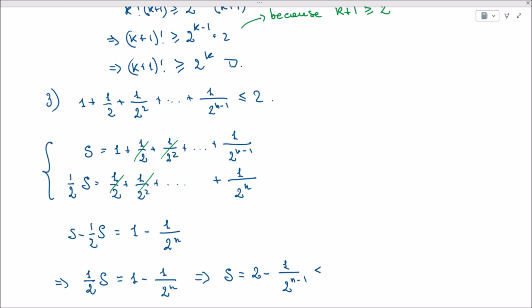And of course this is less than or equal to 2, because 1 over 2 to the n minus 1 is a positive number. So this finally proves the third inequality.